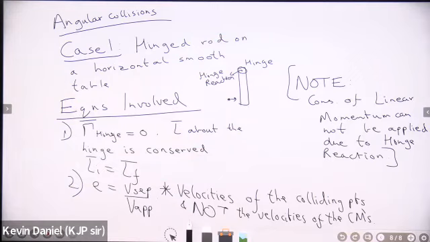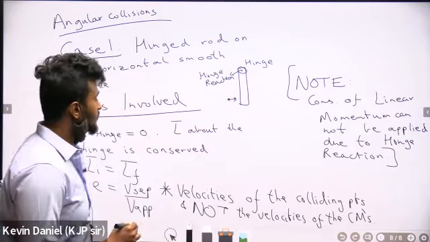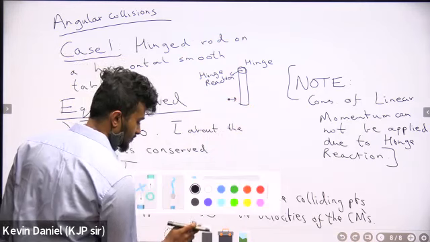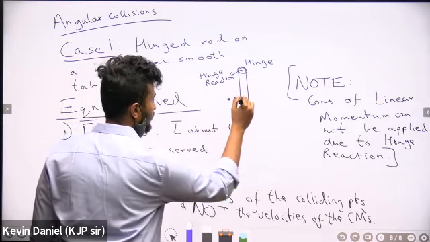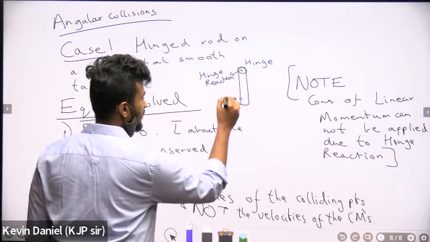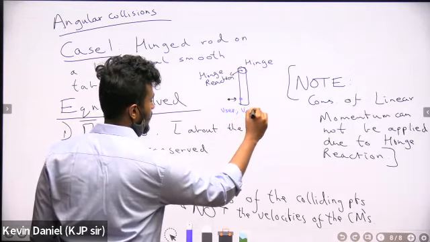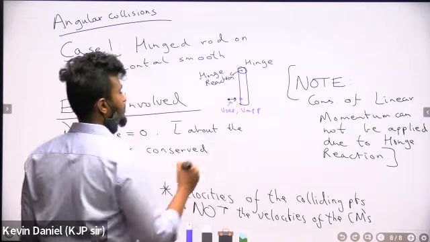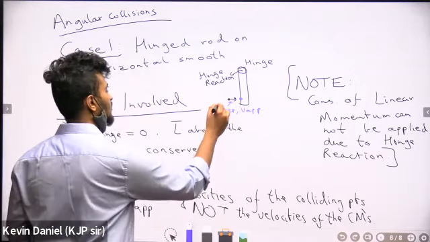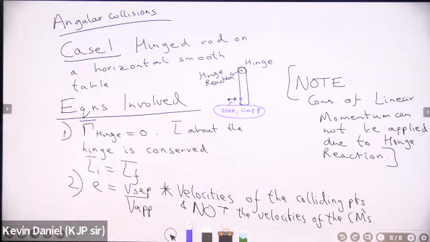V separation and V approach is the relative velocity of these 2 points, before collision and after collision. You will define V separation and V approach for these two points.